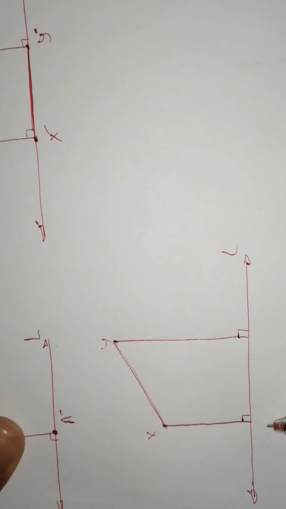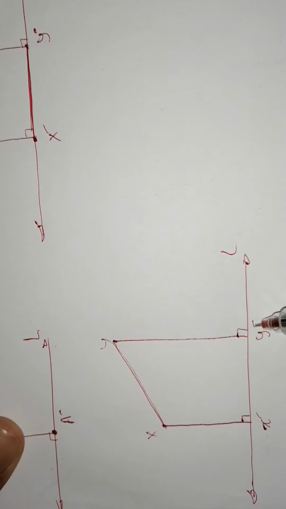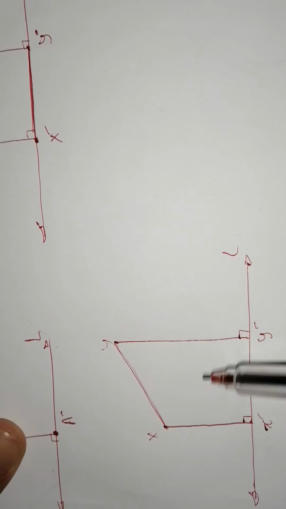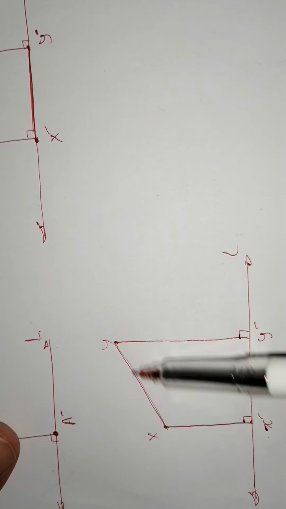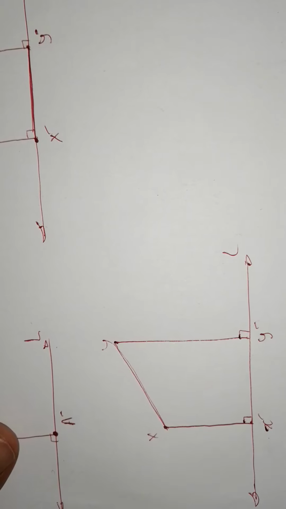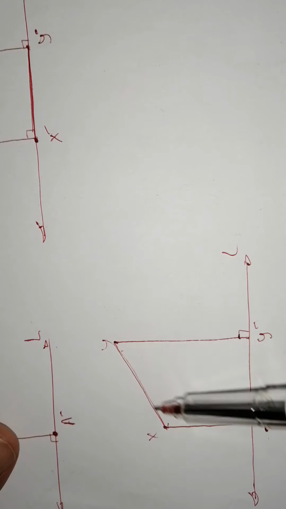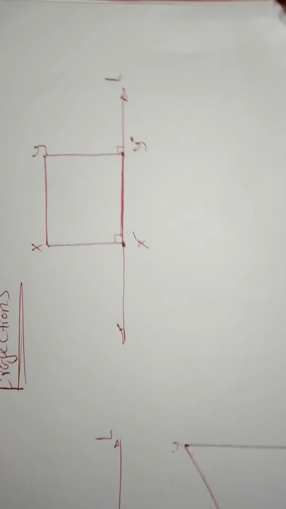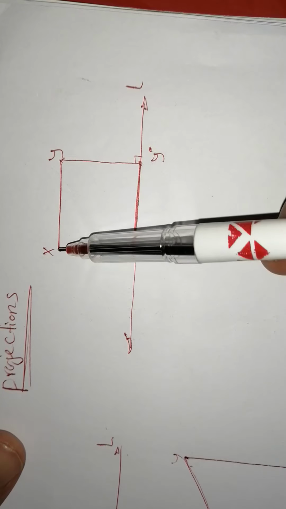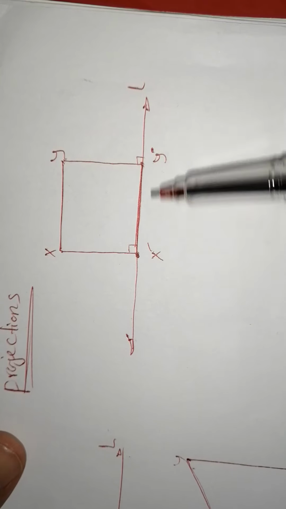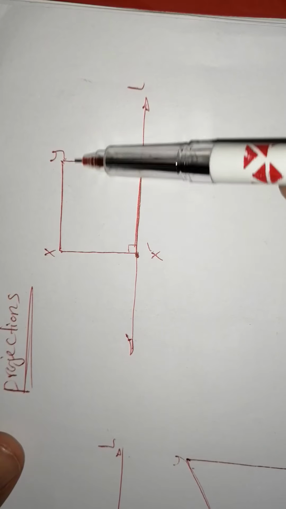Then X dash, Y dash is the projection of the line segment XY. So you can say that the length of X dash, Y dash is less than the length of XY. You can also say that the projection of XY is X dash, Y dash, and its length is equal to the original line segment XY.